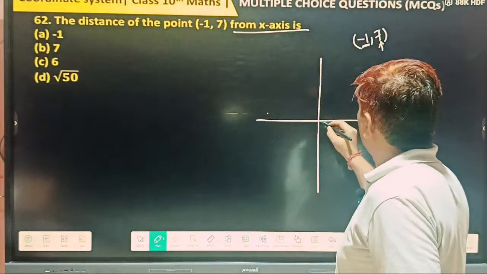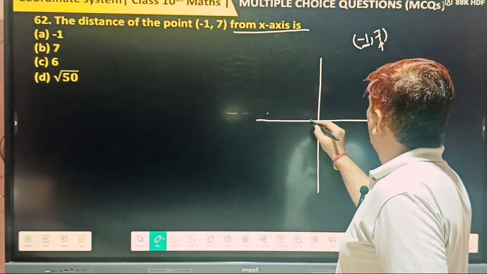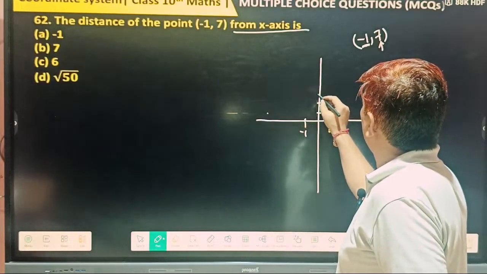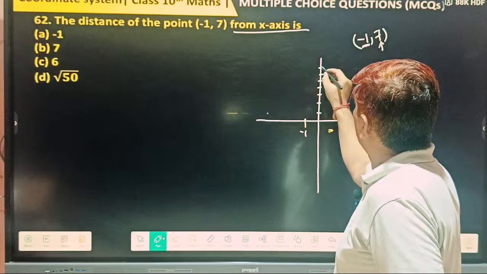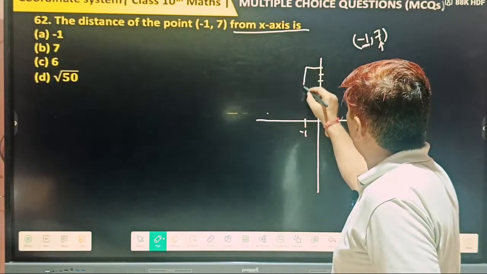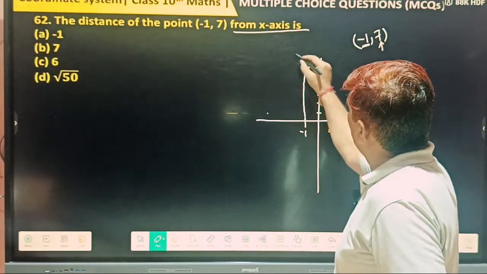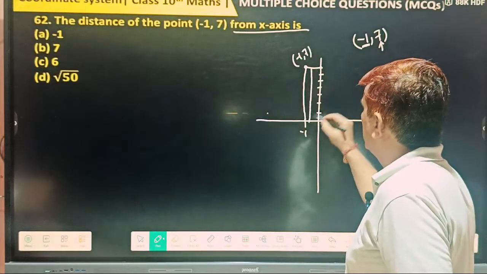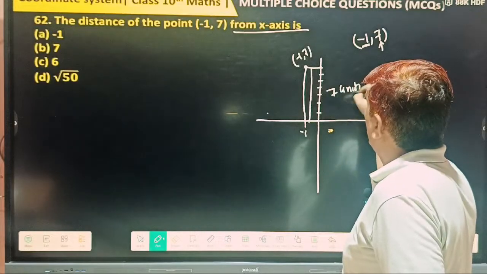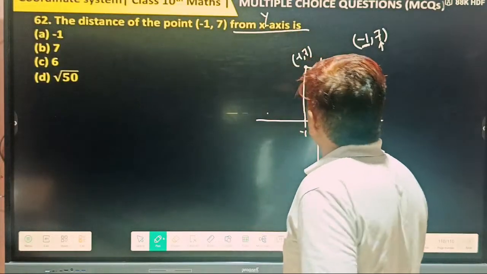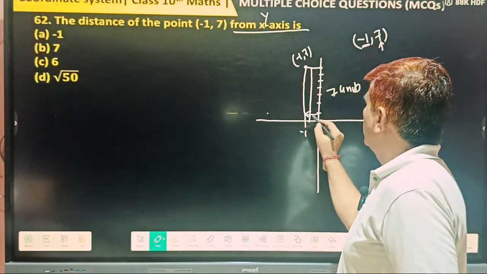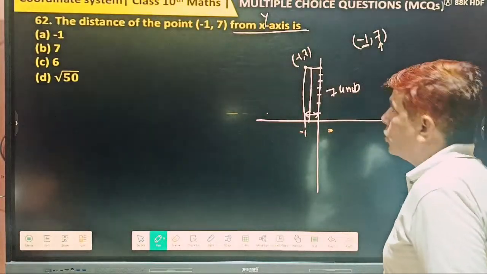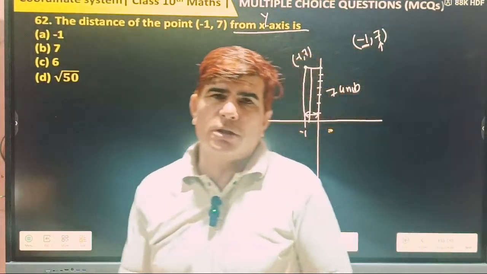So this point, where is it lying? Minus 1 here, and this is 7, 1, 2, 3, 4, 5, 6, 7, this point. And it is lying like this. This is the point whose coordinates are minus 1 and 7. So its distance from the x-axis, how much? 7 units. And the distance from the y-axis, how many units? 1 unit. Understood? So this is all about these multiple choice questions.